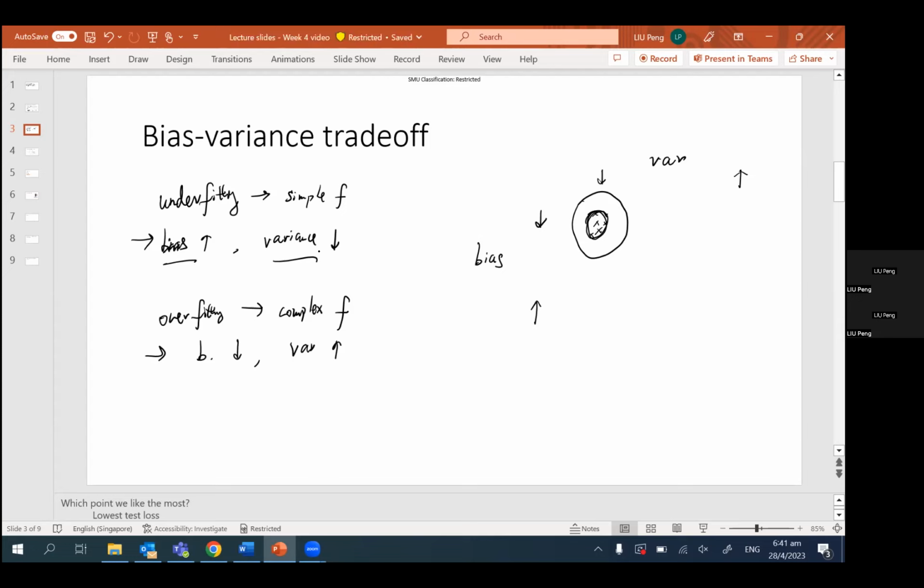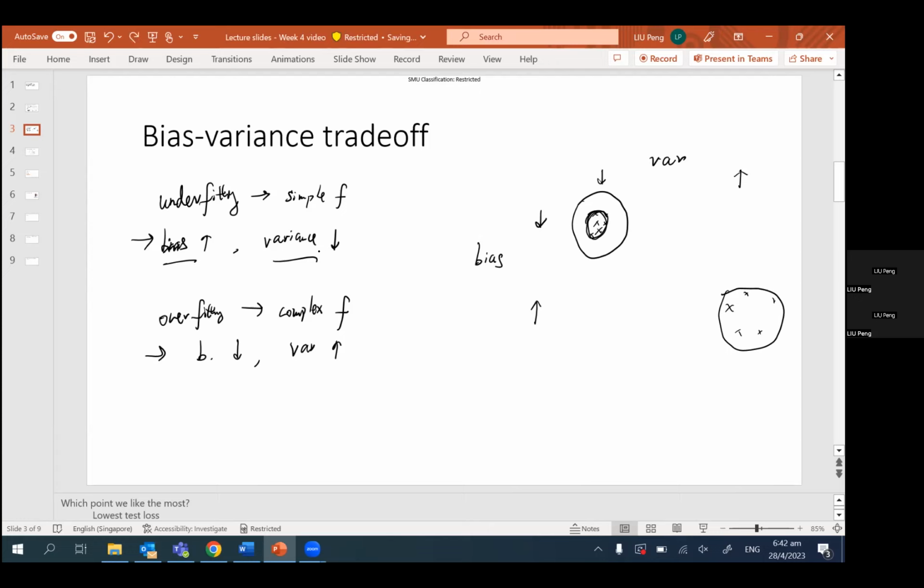So that means that it has low bias. On the other hand, if both are high, that means our predictions are very wide, so it's spread across everywhere, and the bias is also very high. Bias is high means that the center is not centered at the middle point.